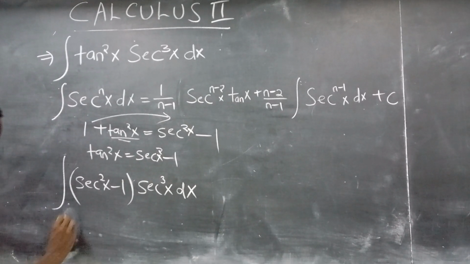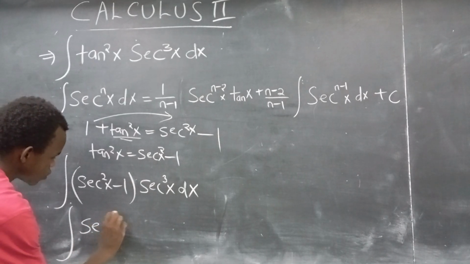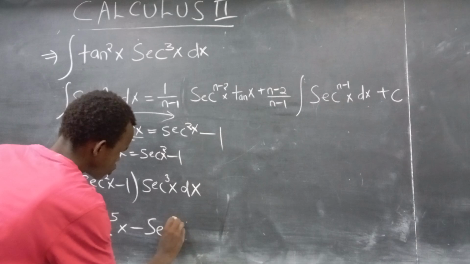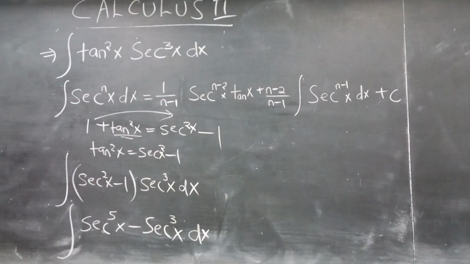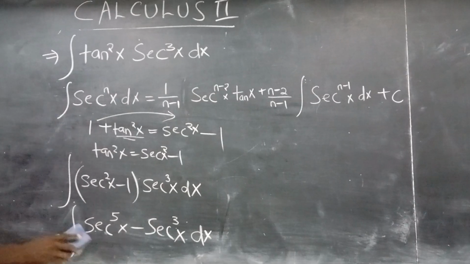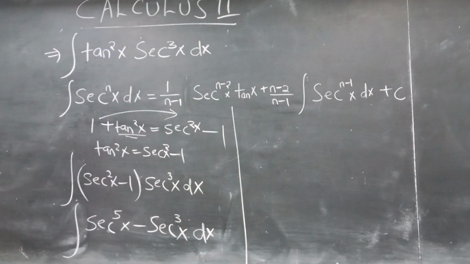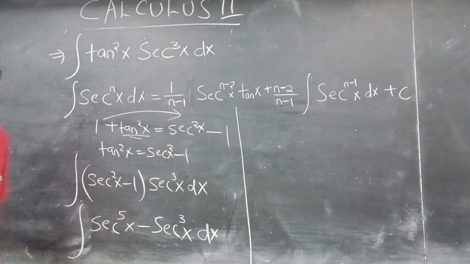opening up the bracket, I'll get the integral of secant to the 5 of x minus secant cubed of x dx. As you can see, that's our final expression. So evaluating that, we can do this long process by integration by parts.